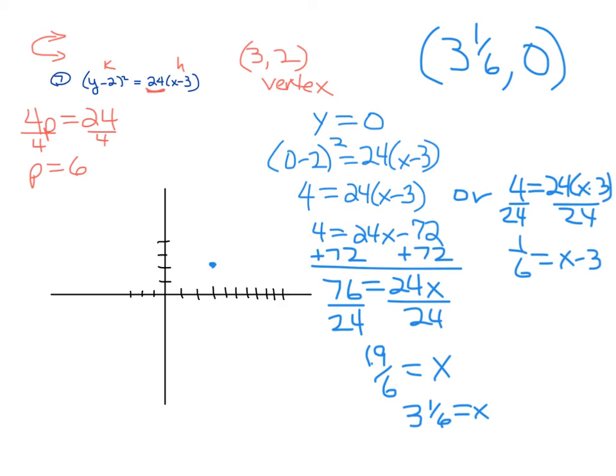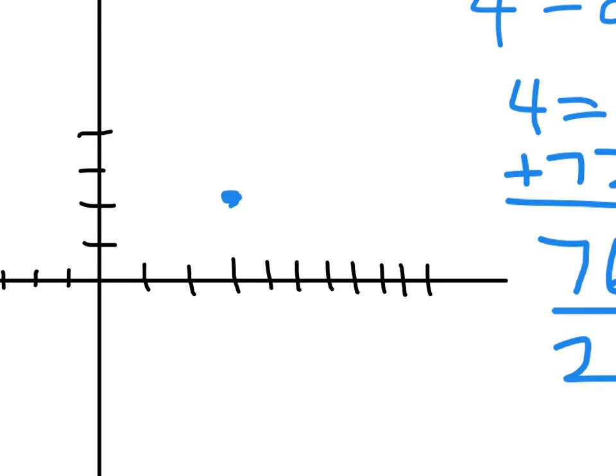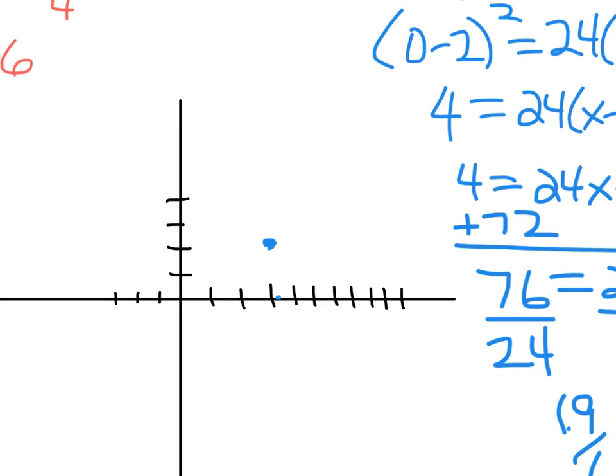So I can go ahead and graph that. Again, we'll approximate it: 1, 2, 3, and then we'll say 1/6 is about here. Again, remember you have your line of symmetry. So you could come up here and 2 away in this direction and say the point's about here. So again, really wide.